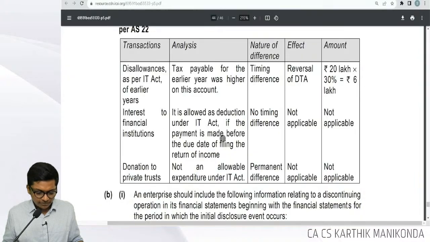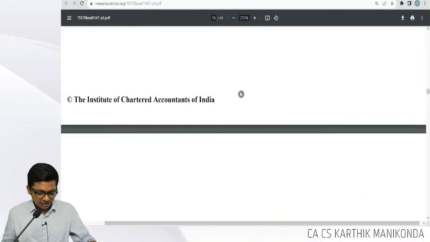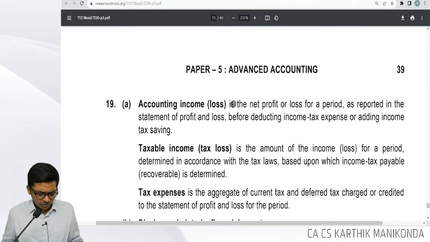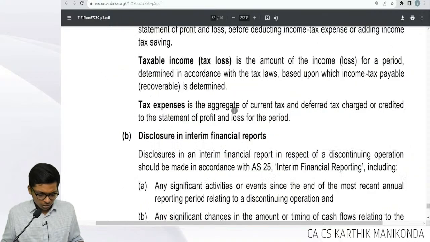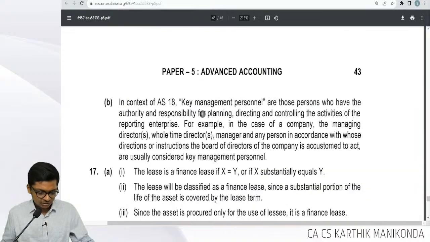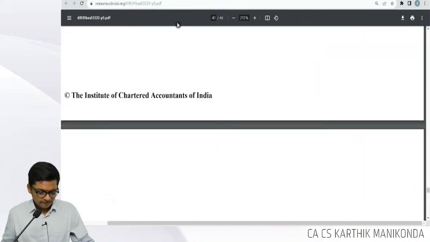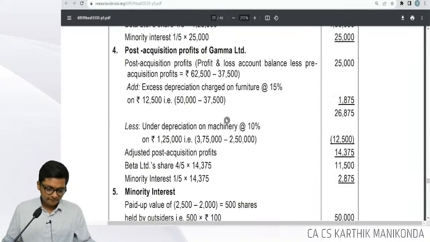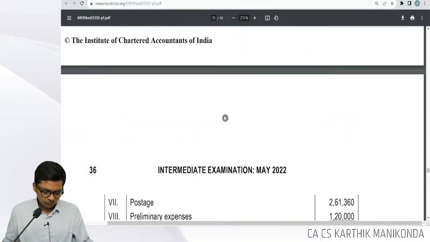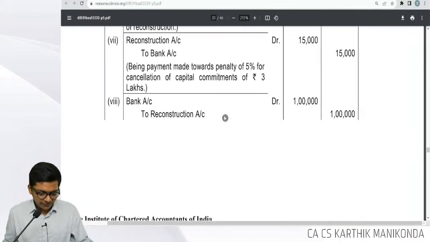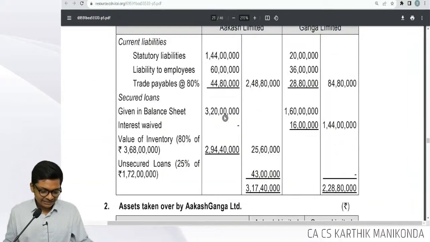Let's do one more sum in lease. Again, they asked JL Limited in one more exam. Same RTP. Let me look at the answers. Let's see questions. Quickly, guys, one or two questions and then we'll close, just to do RTP questions of AS 19.